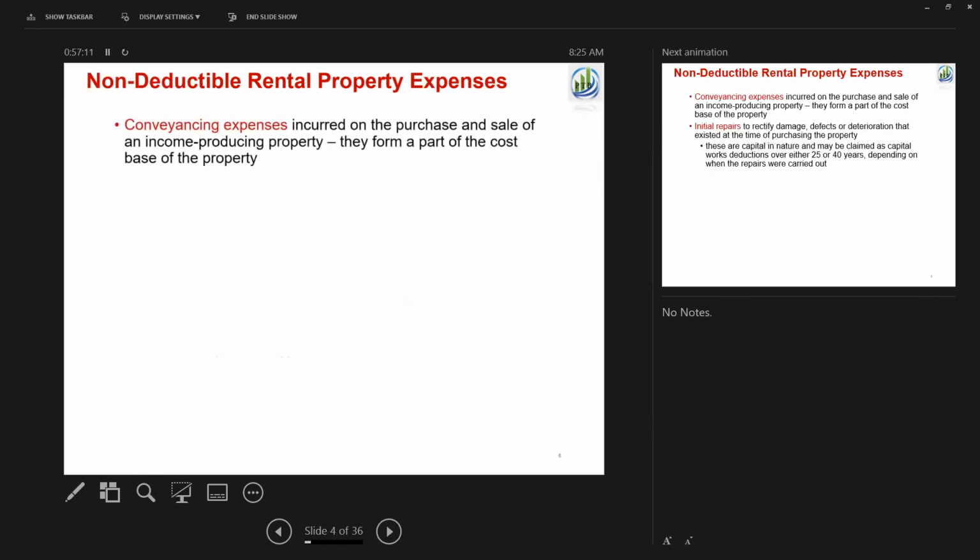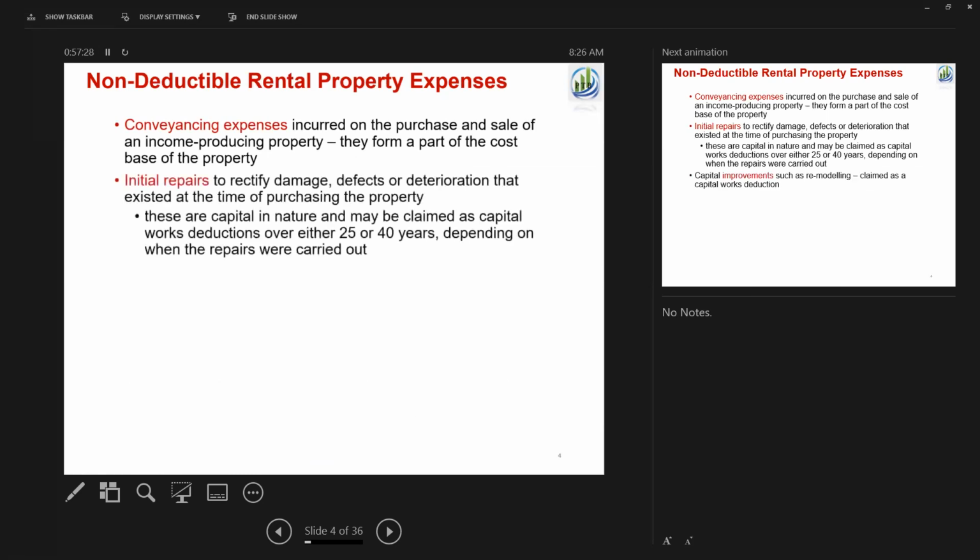Now we will move into non-deductible rental property expenses. Conveyancing fees: when you purchase the asset, conveyancing fees cannot be deducted through the rental expenses. It's going to be part of your capital and you should include it as capital. Initial repairs: immediately after purchasing your property, if you do any repairs, that's not going to be deducted from your rental income.